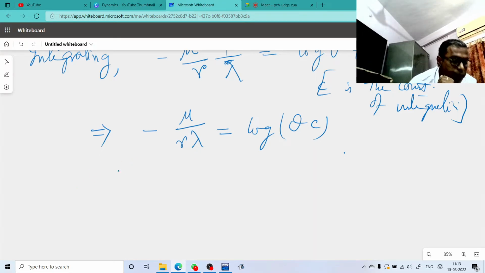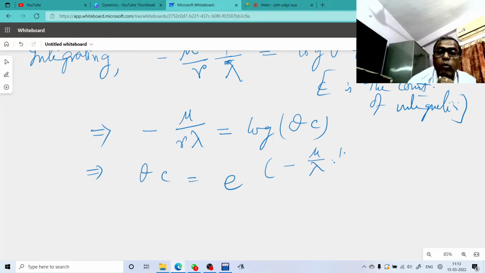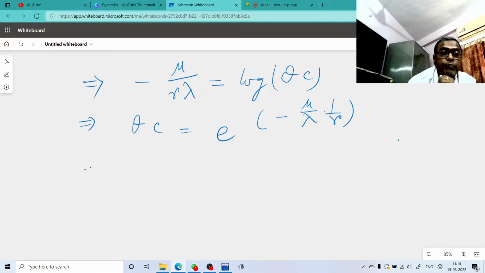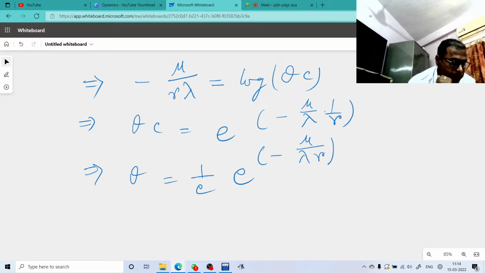So θc equals exponential of −μ/λ into 1/r. So θ equals 1/c into e to the power −μ/(λr).